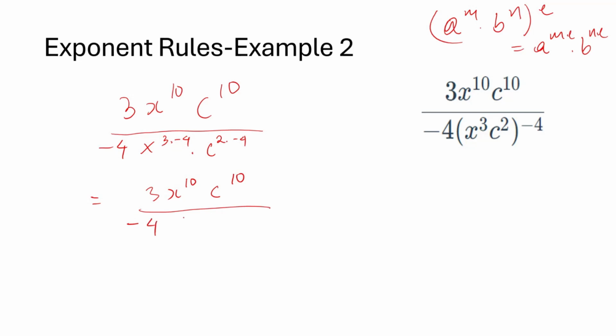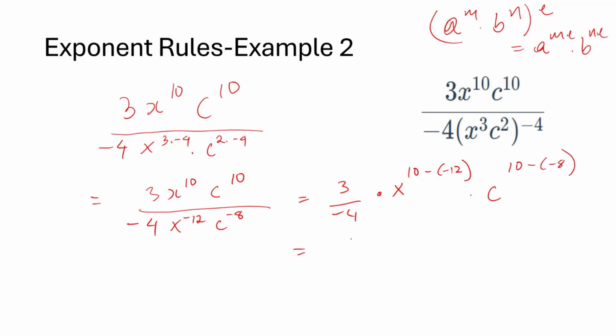3 times negative 4 is going to be x to negative 12. And then 2 times negative 4 is going to give me c to negative 8. Now I can actually work with each exponent. This is going to be 3 over negative 4 times x to the 10 minus negative 12, times c to the 10 minus negative 8.